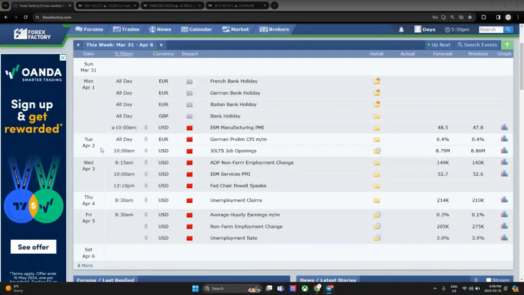On Tuesday, which is the day after the euro and the pound's bank holidays, we will have high impact news events in the morning. I would suggest not touching the pound and the euro after their bank holidays, because there tends to be low probability price action within the forex pairs after them, and then we will usually get volatility deeper into the week.